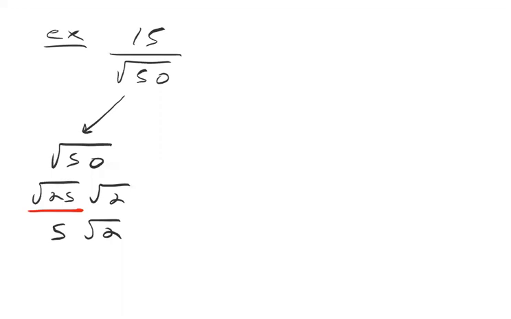So now I can rewrite this. This is 15 over 5 square root of 2. The reason why that works out real nicely is because the 15 and the 5 can reduce. Divide this by 5 and I get 1. Divide this by 5 and I get 3. So I end up with 3 over the square root of 2, which is way easier to work with, smaller numbers.